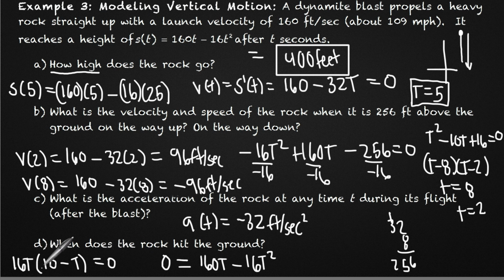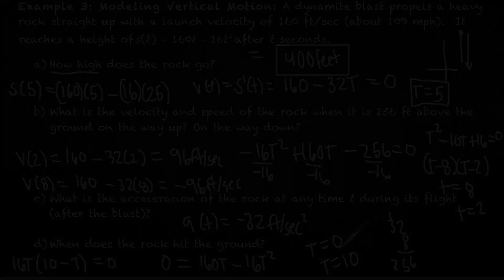Let's check that. 16t times 10 is 160t, and 16t times negative t is negative 16t squared. Set both of these equal to 0. We get t equals 0 and t equals 10. And clearly the rock starts on the ground and then it ends on the ground 10 seconds later.